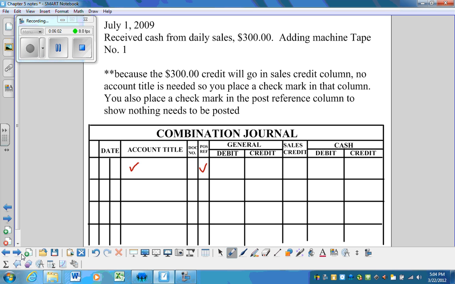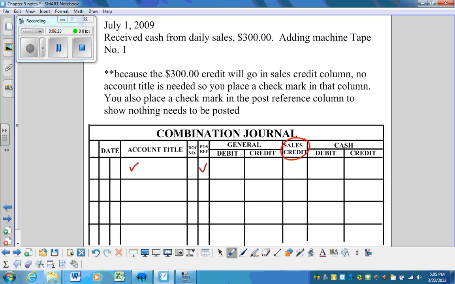Okay, here's the one thing that makes things a little bit different. Received cash from daily sales, $300. Because the 300 credit will go in the sales credit, no account title is needed, so you place a check mark in that column.